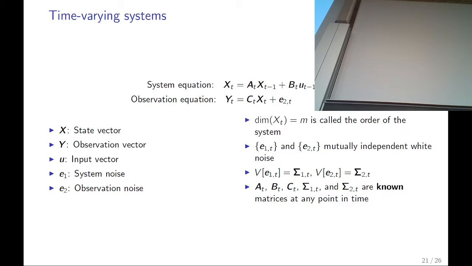What we want to assume is that the observation that we have at time t is some slope at time t times what is the input at time t plus some intercept at time t plus some noise.